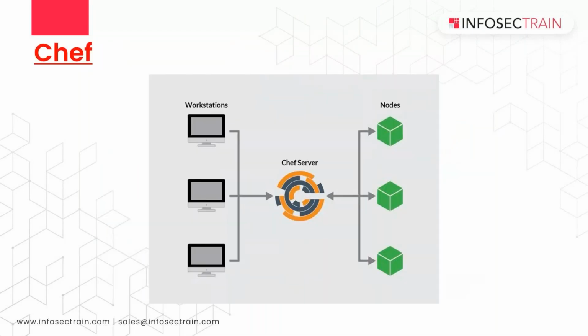Then the last one you have is Chef. Heard of Chef? So Chef, as with Ansible and Puppet, exists as software packages that you need to install. Chef offers different products, with Chef Automate being the product that most people refer to simply as Chef, right?